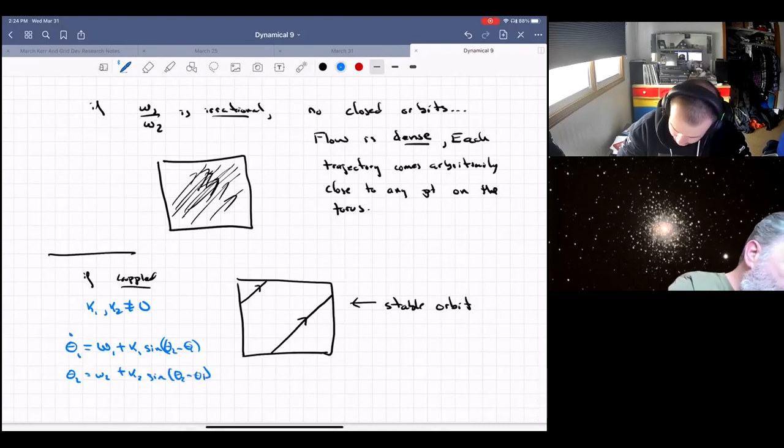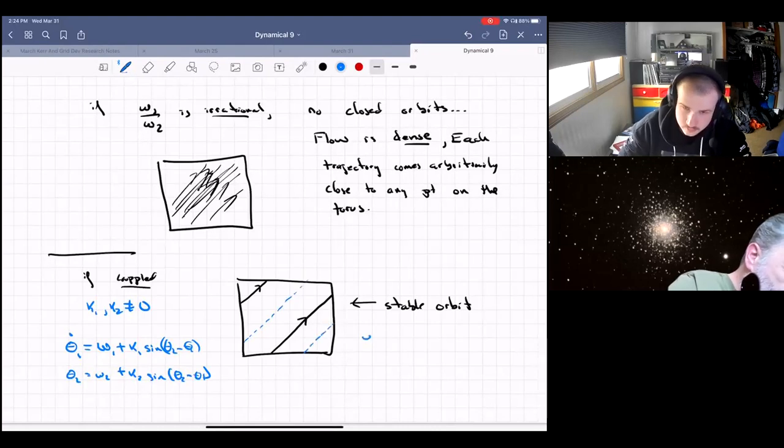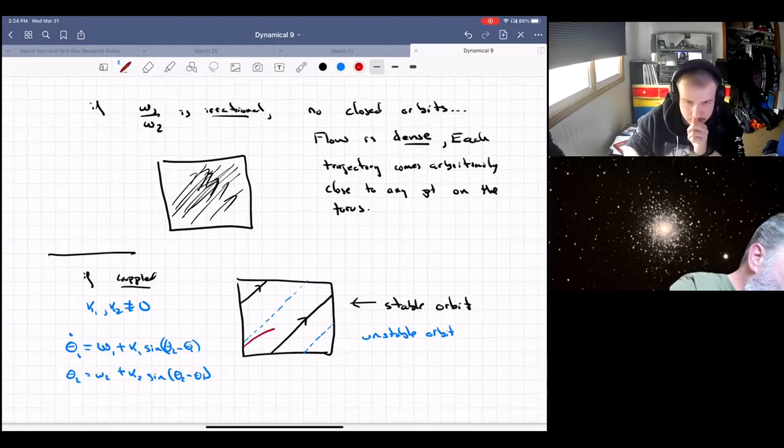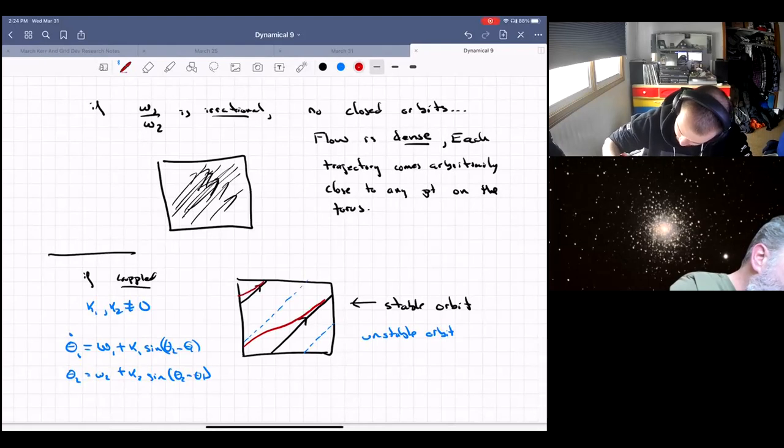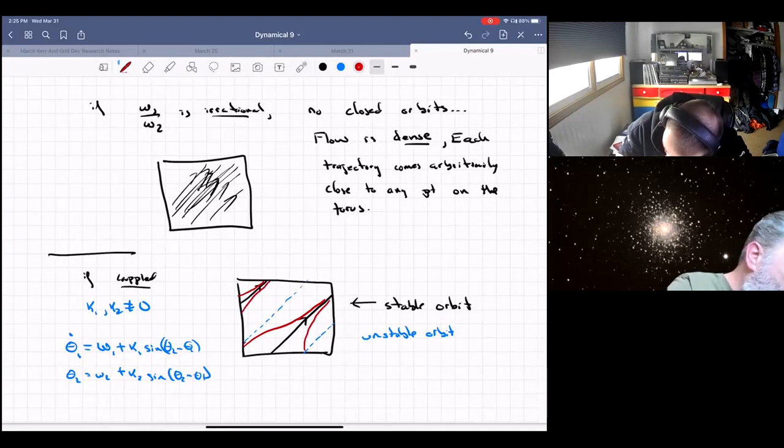And then you might have an unstable orbit as well. And then all the other orbits will approach the stable orbit.